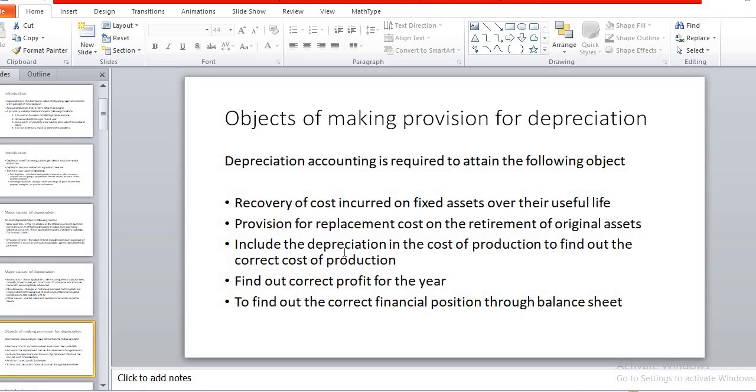Also, the depreciation amount is reflected in the financial statements, so it gives you the correct financial position through the balance sheet.